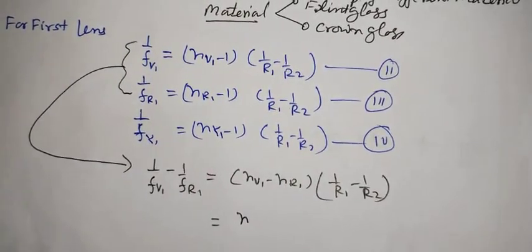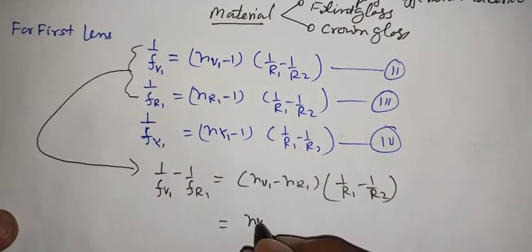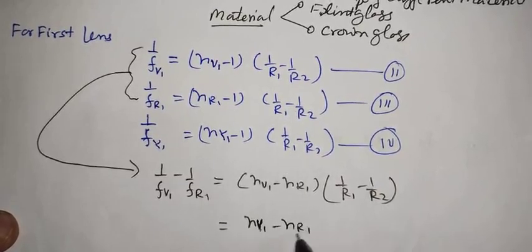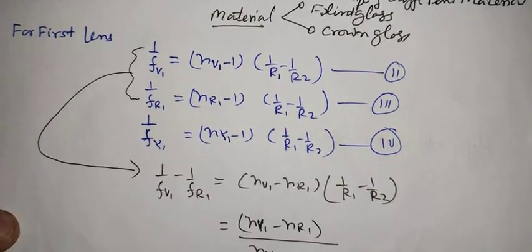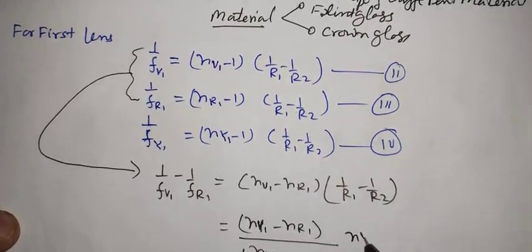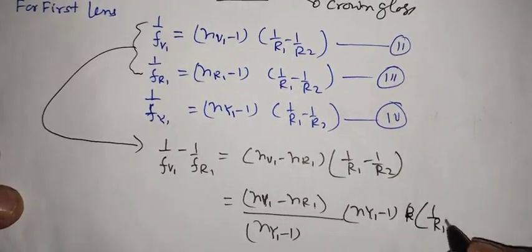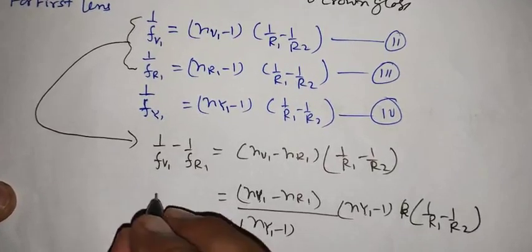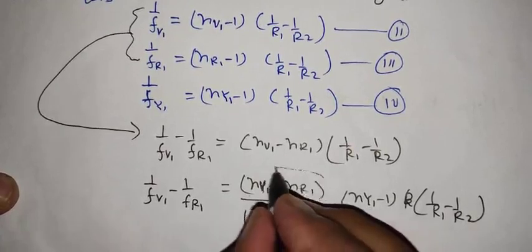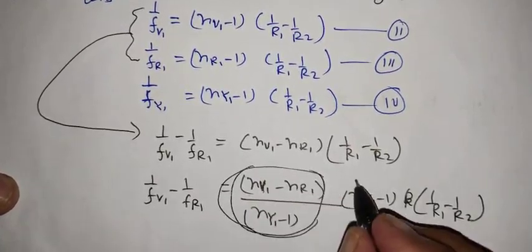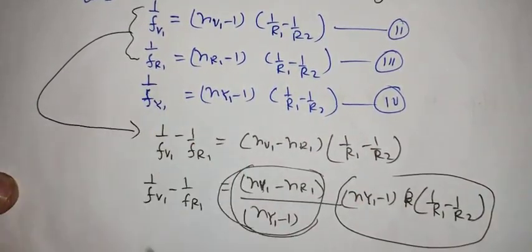This derivation can be seen on my YouTube channel. So we divide nv1 minus nr1 by ny1 minus 1 and multiply by ny1 minus 1 in a bracket (1 by r1 minus 1 by r2). This is 1 upon fv1 minus 1 upon fr1. This is omega, and by equation 4 it is 1 upon fy1.